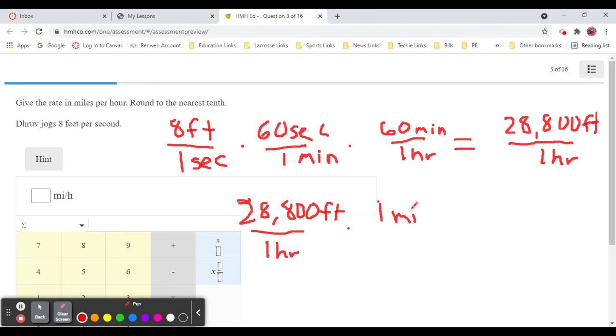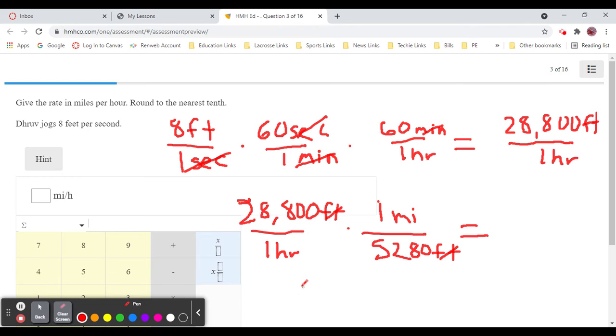So 1 mile is 5,280 feet. Okay. Just like up here, how seconds and seconds canceled off and minutes canceled off, which left me feet an hour. Feet and feet are going to cancel out, leaving me with miles an hour.